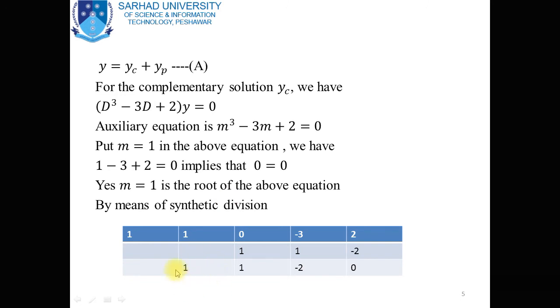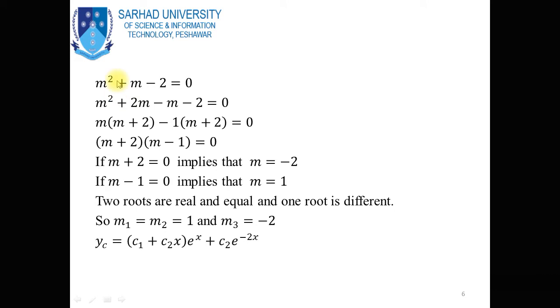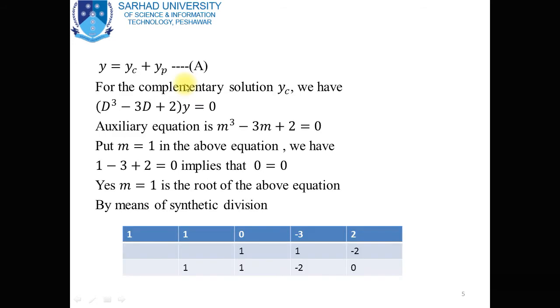The depressed form is m square plus m minus 2 is equal to 0. You see over here, this is the depressed equation, m square plus m minus 2 is equal to 0. The advantage of synthetic division is that it compresses the equation, and the degree of the original equation decreases.